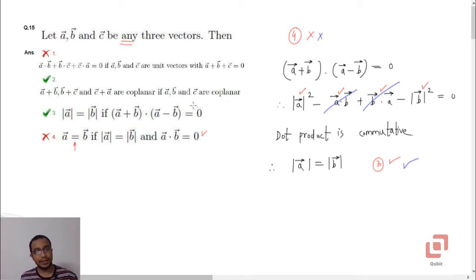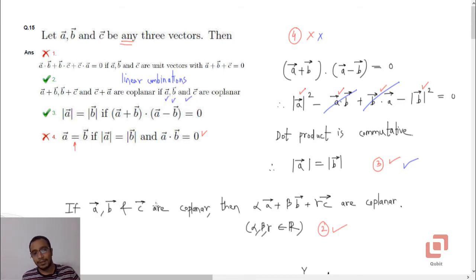Now let's go to the second. A bar plus B bar, B bar plus C bar and C bar plus A bar are coplanar if A bar, B bar and C bar are coplanar. Now see, A bar plus B bar, B bar plus C bar and C bar plus A bar, all of them are linear combinations of A bar, B bar and C bar.